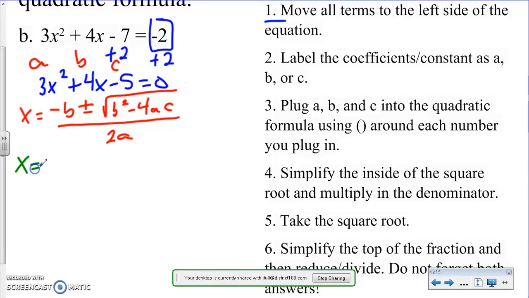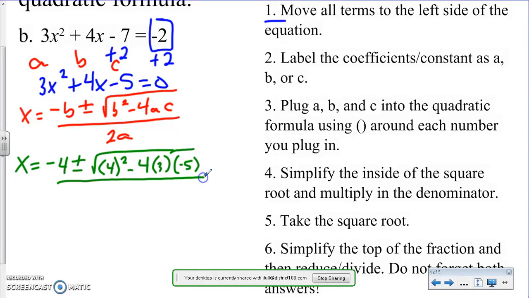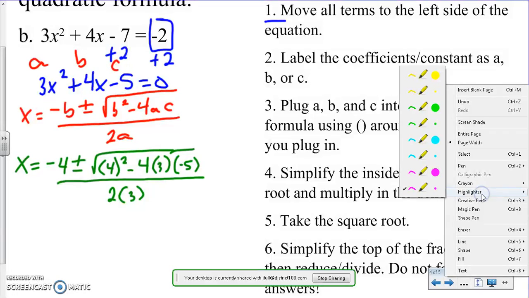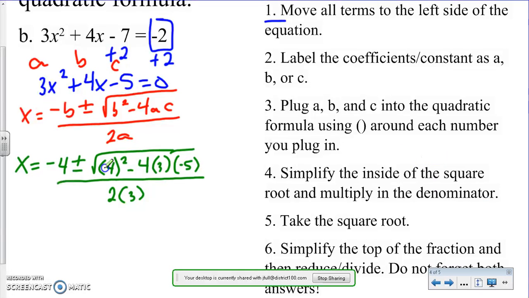So, negative b means we're going to take our b, which is 4, and change our sign. So we have negative 4, plus or minus the square root. B squared would be 4 squared, minus 4 times a. Our a this time is 3. And then c, which is negative 5. All over 2 times a, which is 3. So again, we're going to take the part that's inside the square root and type that into our calculator to figure out what this would be.